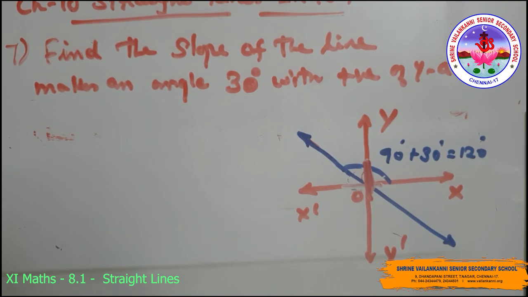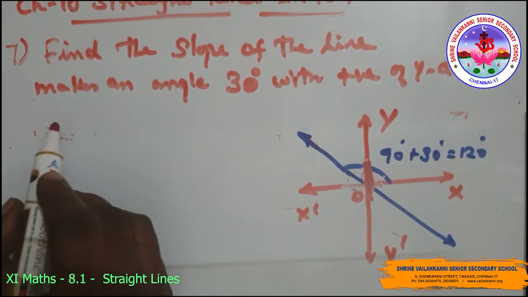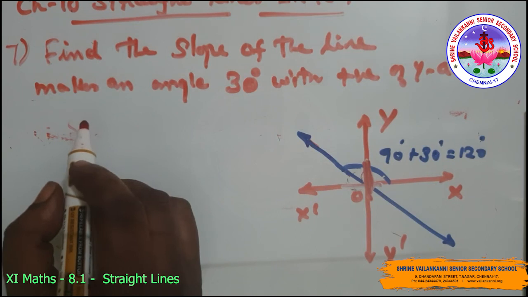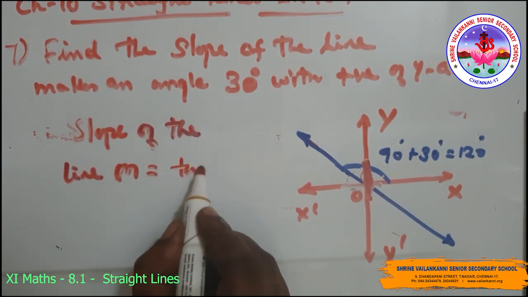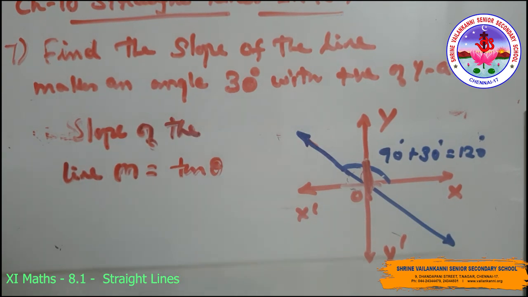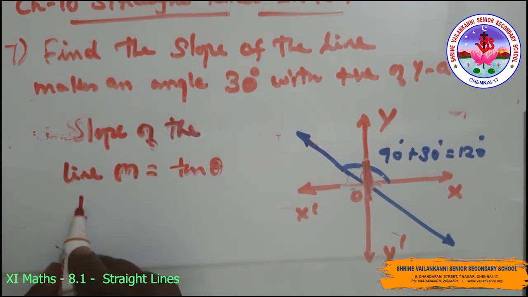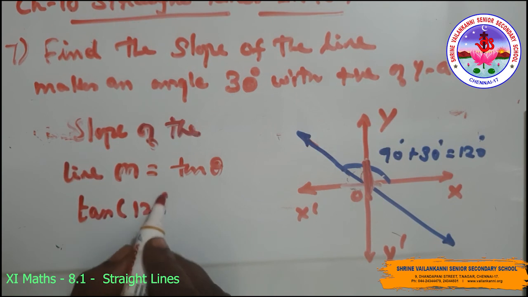Then the slope of the line is given as m equal to tan theta. Here theta is 120 degrees, so tan of 120 degrees.